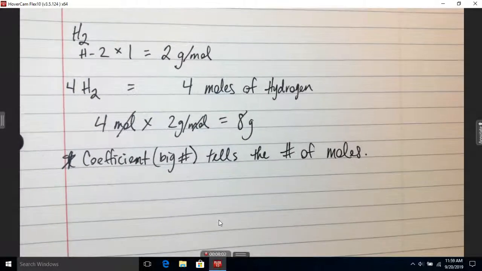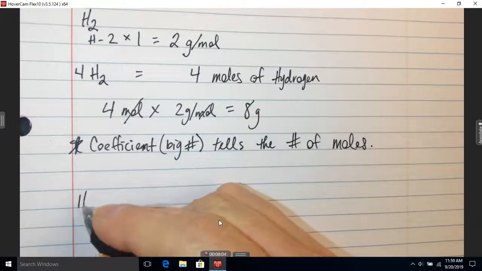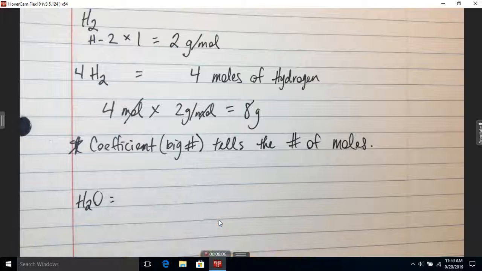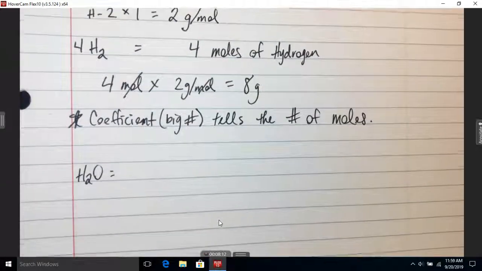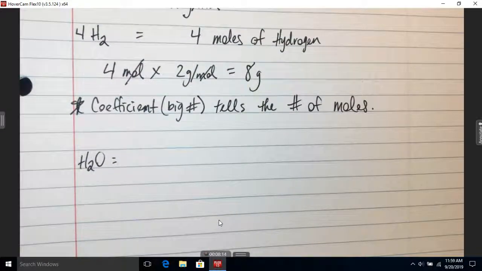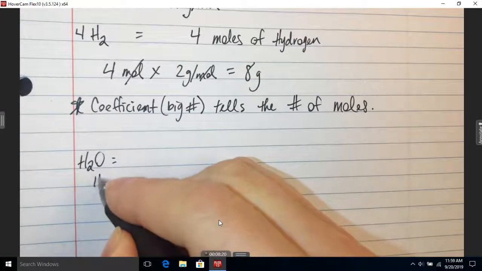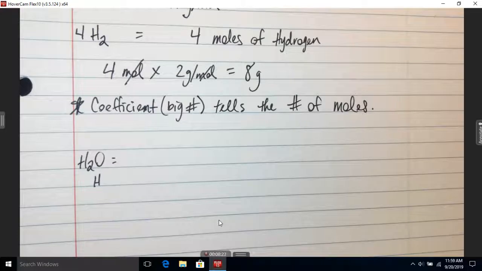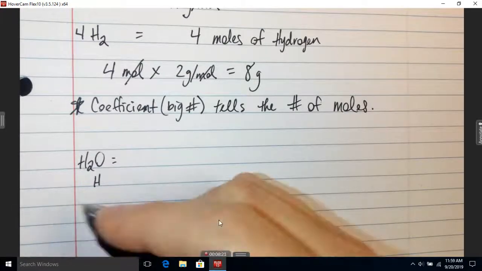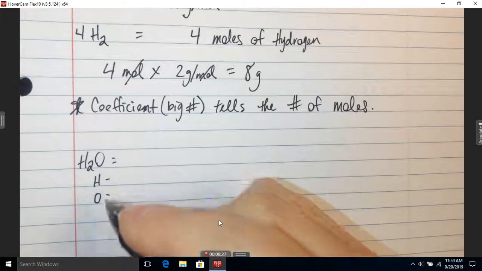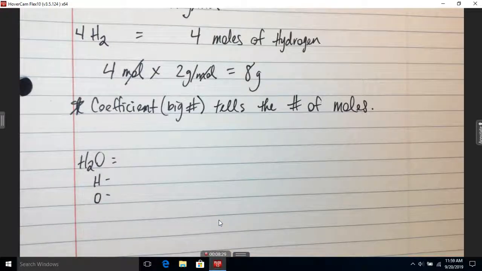Okay, so let's try another one. I want the gram formula mass for water. The gram formula mass for water. What do I do first? List my elements. I told y'all the first steps are the same thing y'all have been doing. Next, I count atoms.